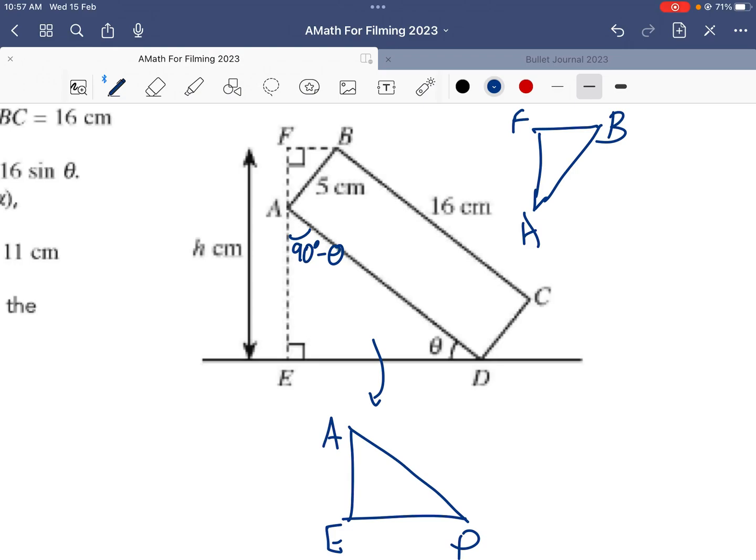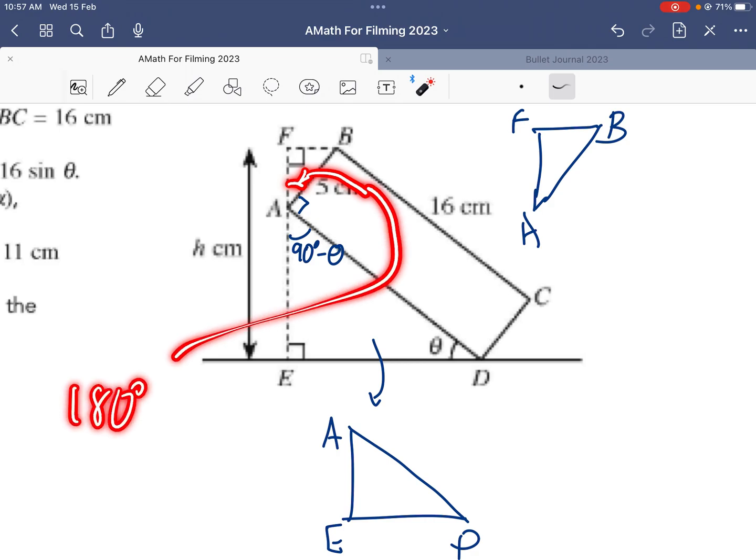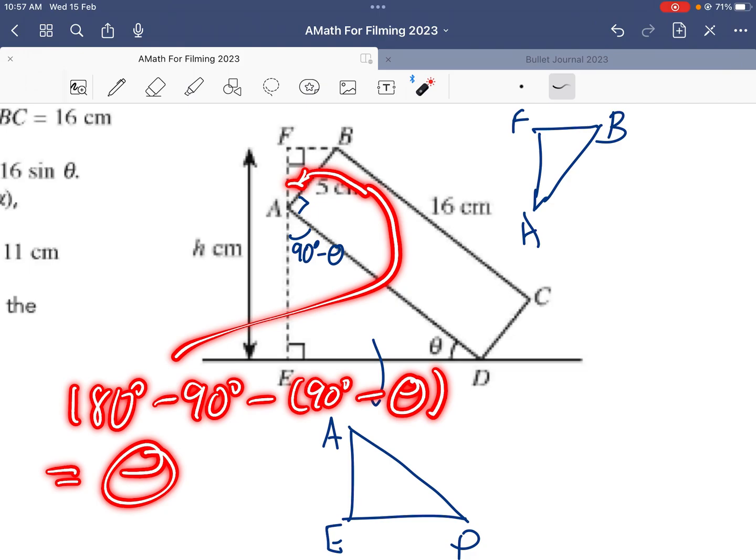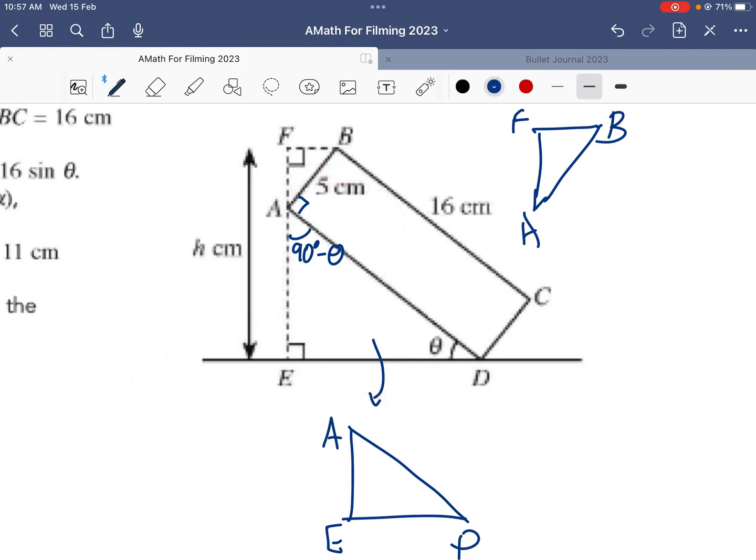Then this angle over here is 90 degrees because it belongs to a rectangle. So angle FAB equals 180 minus 90 minus 90 minus theta. If you simplify this, you get theta itself. So angle FAB will be theta.